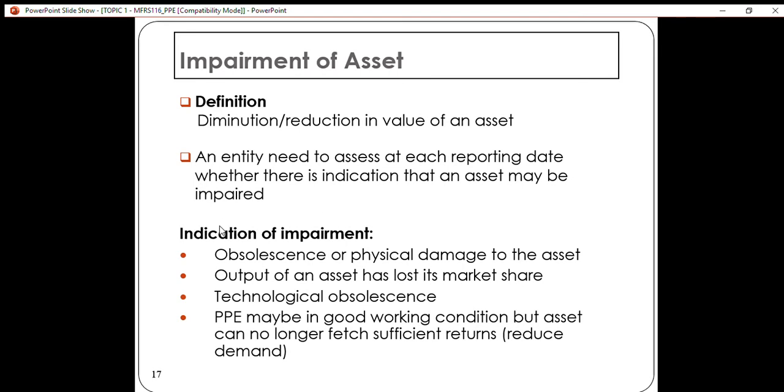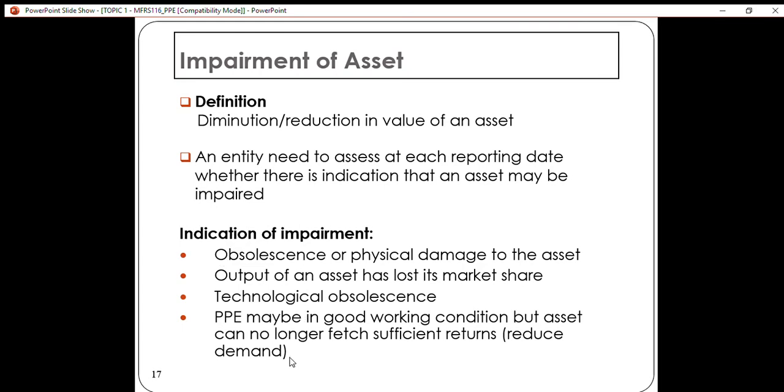This is about the indications of impairment. The indications of impairment include obsolescence or physical damage to the asset, output of an asset has lost its market share, technological obsolescence, and PPE may be in good working condition, but the asset can no longer fetch sufficient returns due to reduced demand.